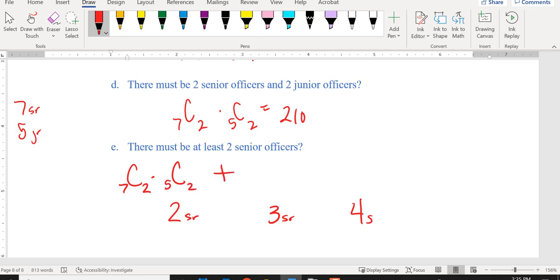Now for 3 seniors, you're going to have 7, pick 3, but you still got to have a 4th person. So you're going to do combination of 5, choose 1. That's how many juniors there are, pick 1. And then last but not least, if you wanted 4 seniors, there's 7 to pick from, and choose 4 of them. All right, typing all that in.